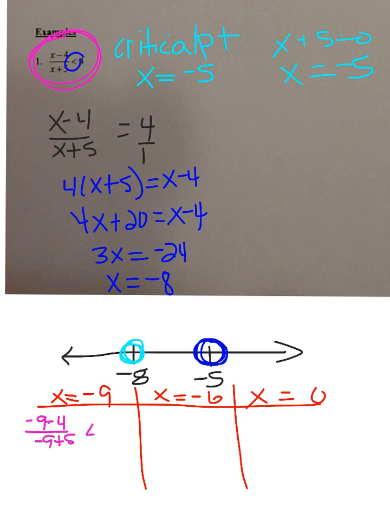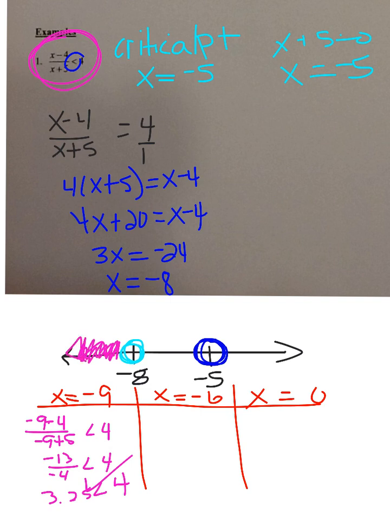Is that less than 4? It's like a check to see if it works. So -9 minus 4 is -13 over -4. Is that less than 4? So -13 divided by -4 is 3.25. That is less than 4, so that works. That's a check. So that means I shade to the left of -8.